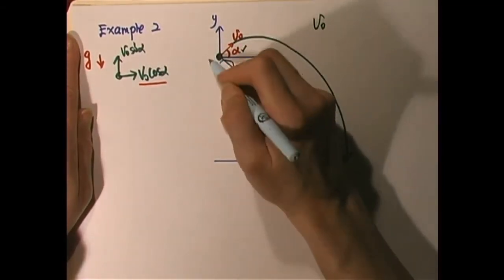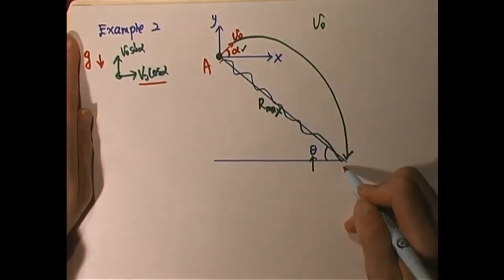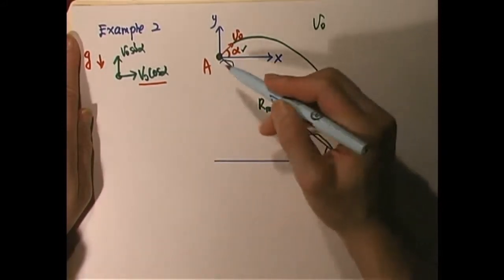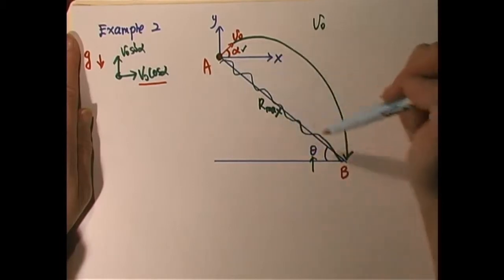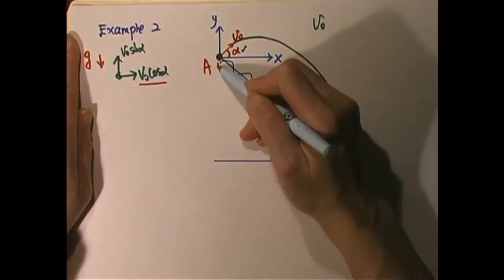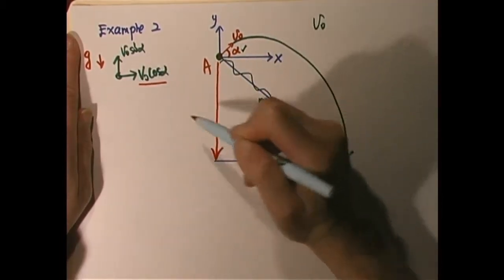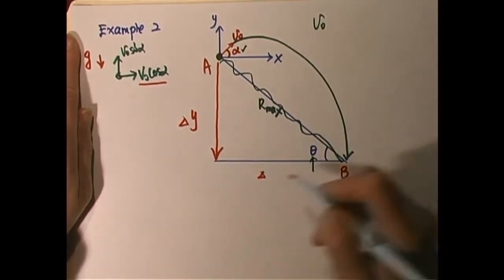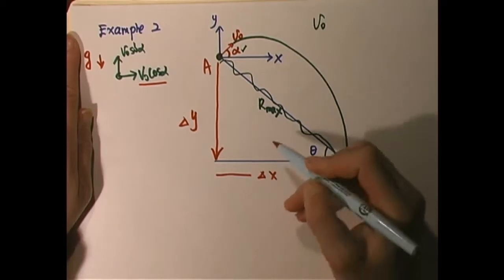So starting from here, let's name it point A, and it ends up there at point B. What happened is it started from A and ends at B. Actually, it goes down. This is the change of y, and it goes to the right. That's the change of x, right?